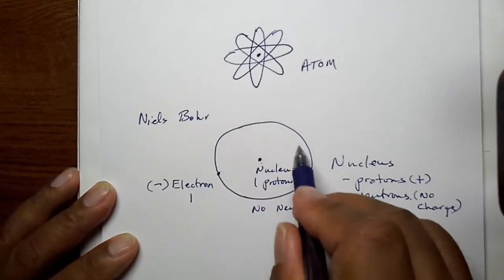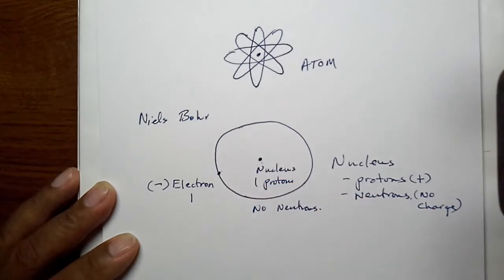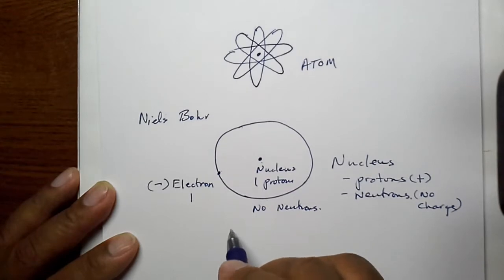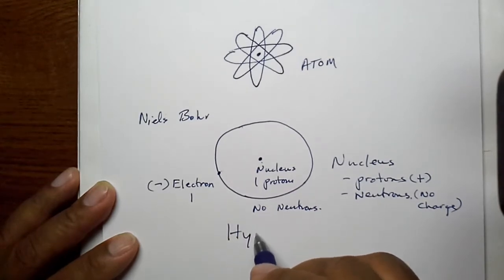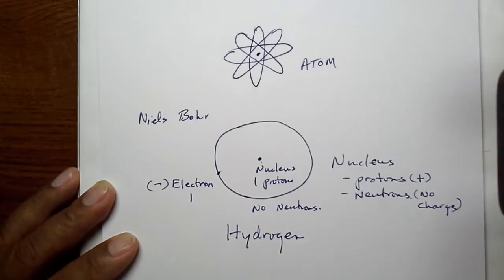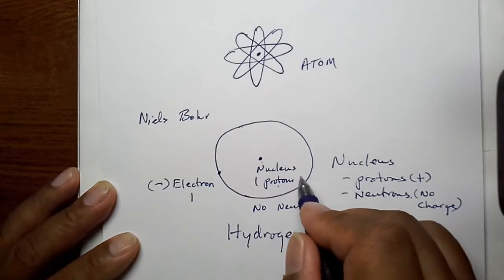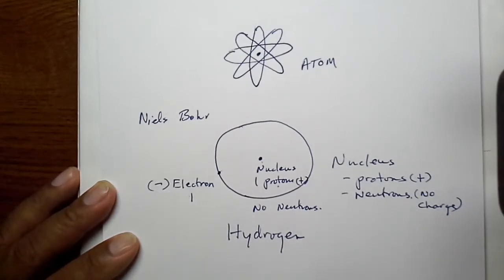Alright, and this atomic structure of the element is representative of hydrogen. Because hydrogen has one proton, one electron. The proton being positive, the electron being negative, gives the atom zero charge, and there are no neutrons in there contributing to the atomic mass. So the atomic mass of hydrogen is actually 1.